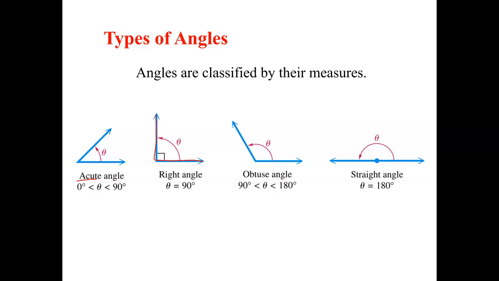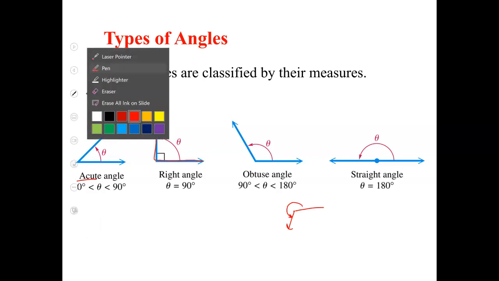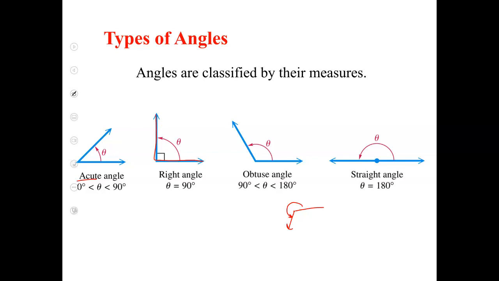Now we can rotate past that, but when we do, if I've got my initial side and then my terminal side, and I rotate past 180 degrees, what I'm doing on the other side is forming another angle, and that would be considered an obtuse angle on the concave part.